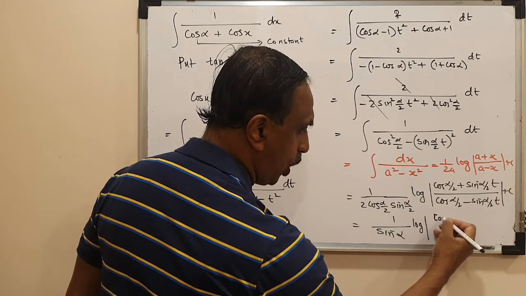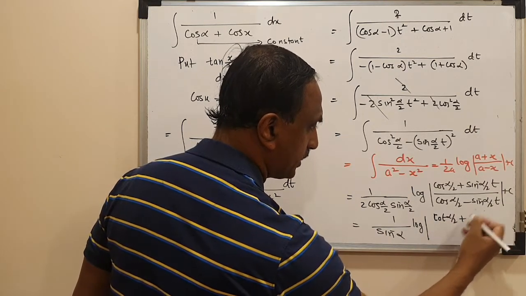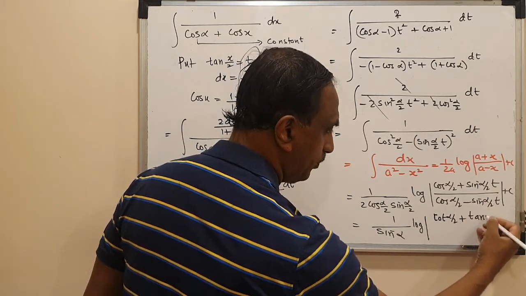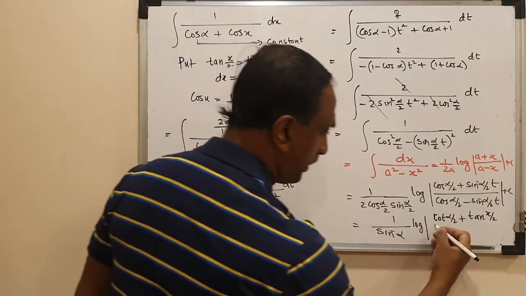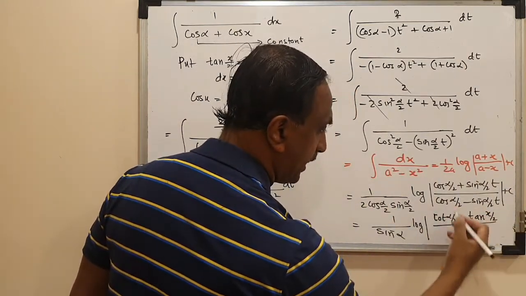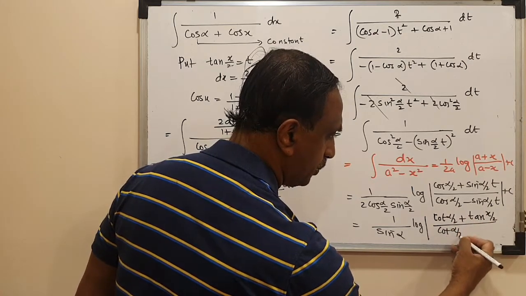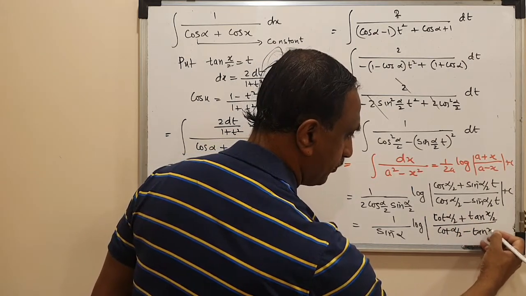So it became cot alpha by 2 plus t became tan x by 2. This t is replaced by tan x by 2 divided by sine alpha by 2. So cot alpha by 2 minus tan x by 2.